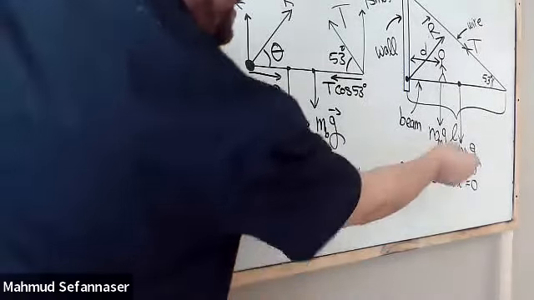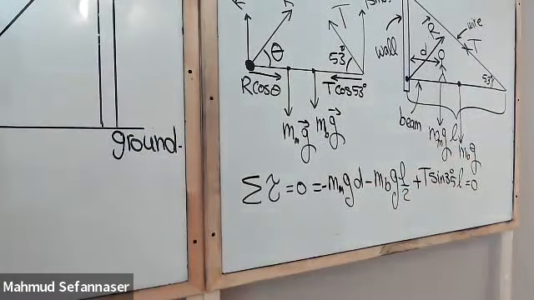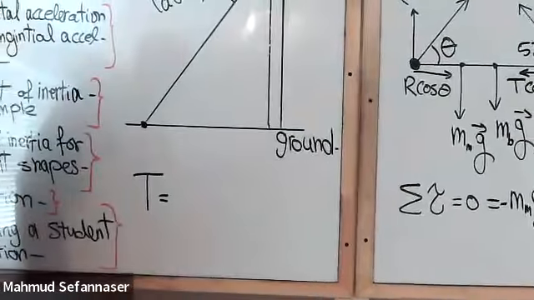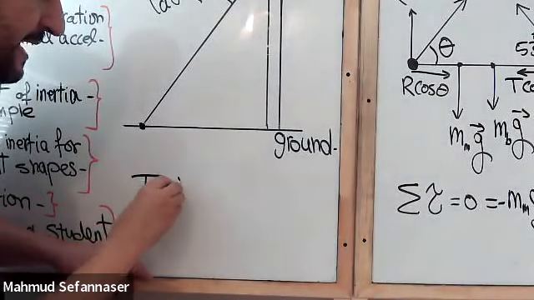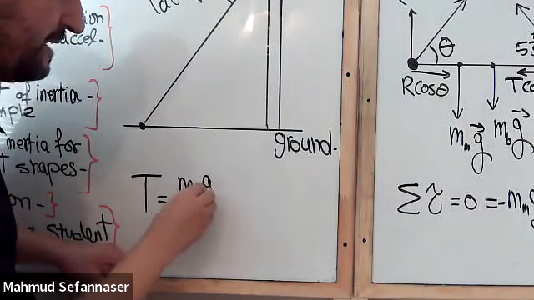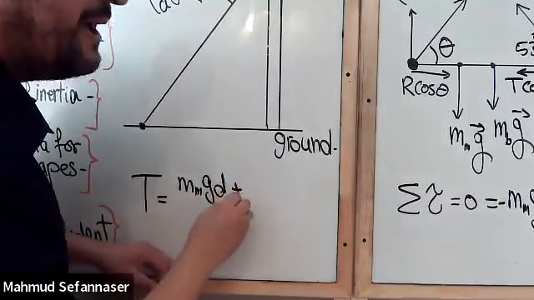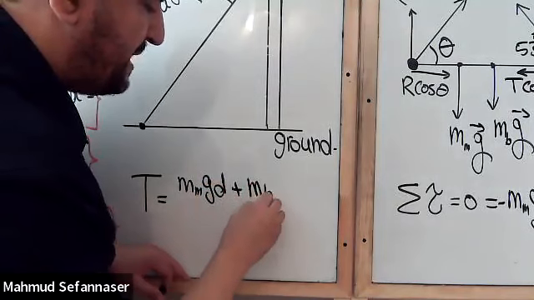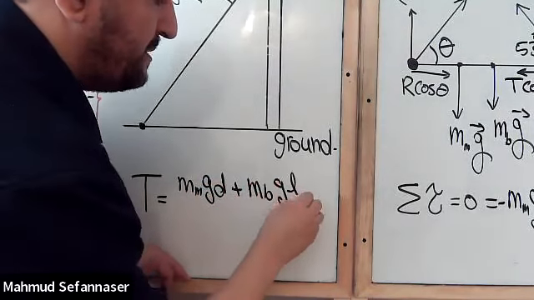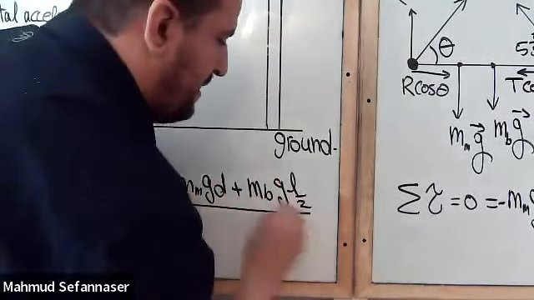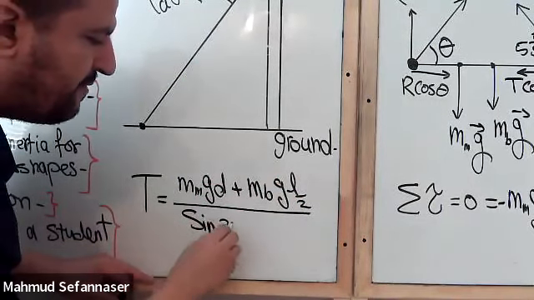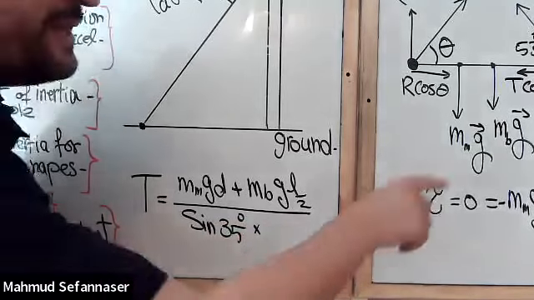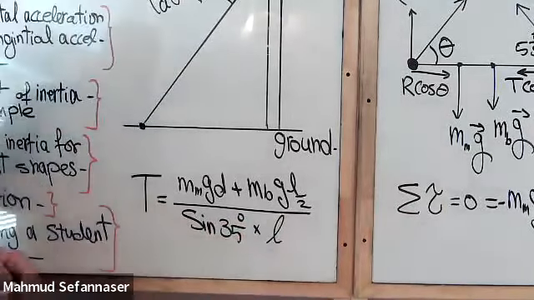And that's equal to T sine 35 times L. So when I do that, I will have M man times gravity times D plus M beam times gravity times L/2, and that should be divided by sine 35 degrees times L.